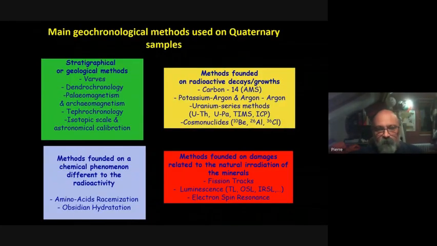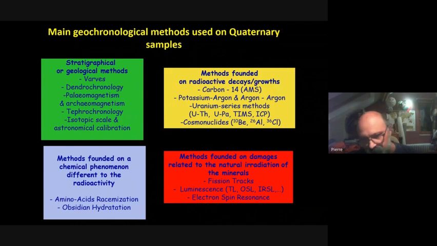On these different supports, we can apply many different methods. Each support contains different elements that evolve with a specific process, and in order to use them as a chronometer, we have to multiply the kinds of methods. The first are based on direct observation, direct logical analysis of what we found: the stratigraphical and geological methods.